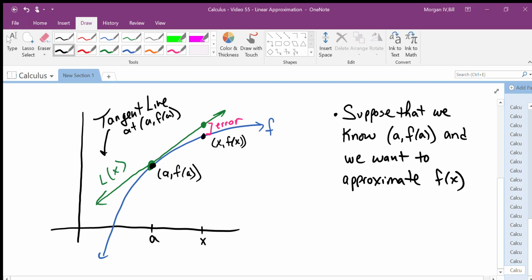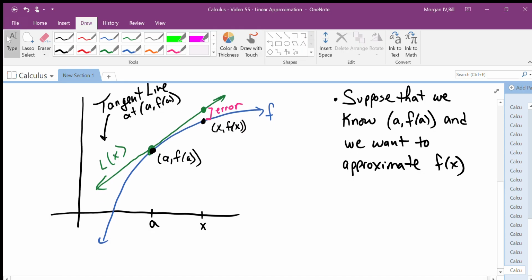We find out the equation of that tangent line, evaluate that tangent line L of x at x, and use that as an approximation for f of x, the function value on the curve. Okay, in order to do that, we need to find the equation of the tangent line. What is the equation of the tangent line?